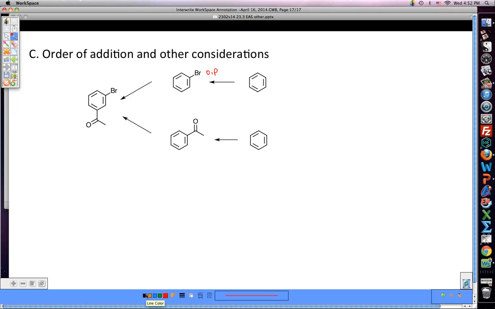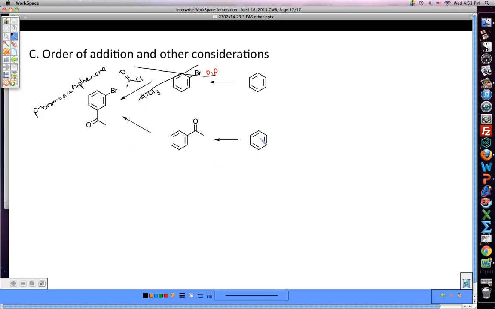If I go ahead and do Friedel-Crafts acylation on bromobenzene, I'm not going to get this product. I would get para-bromoacetophenone, which is not what I want. So that's not going to happen. So this guy, no good.